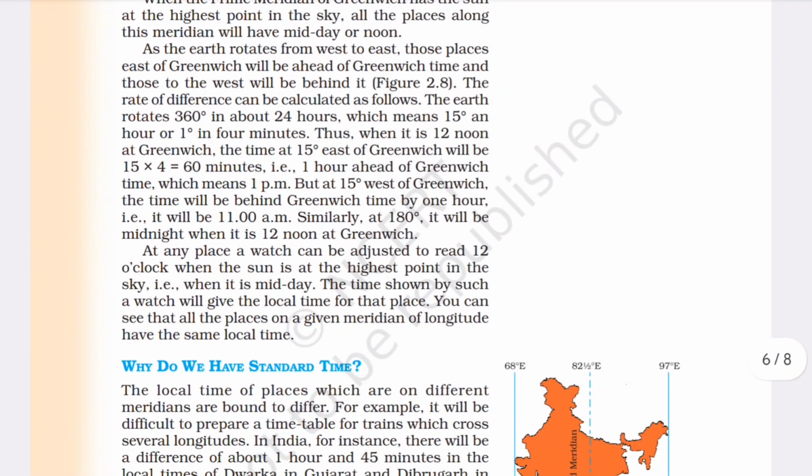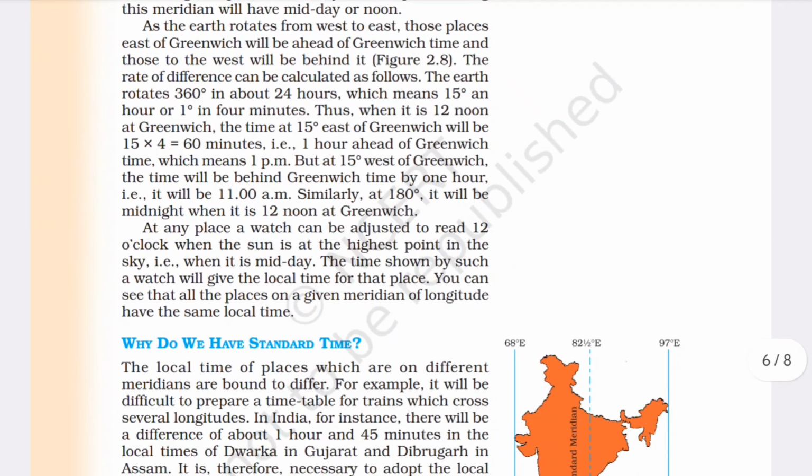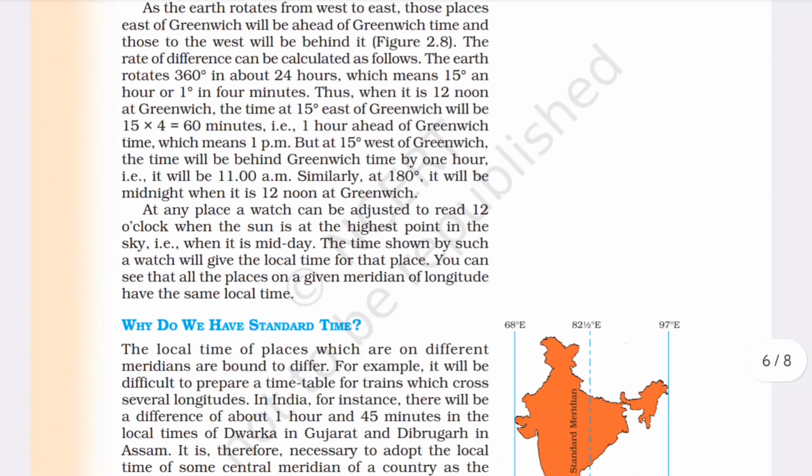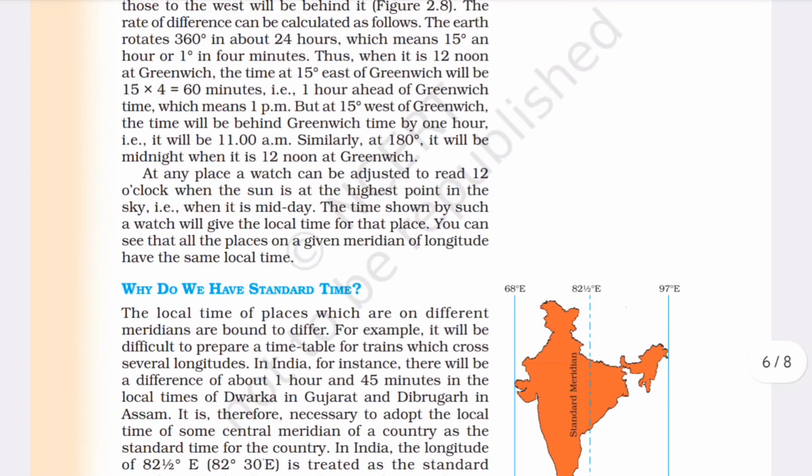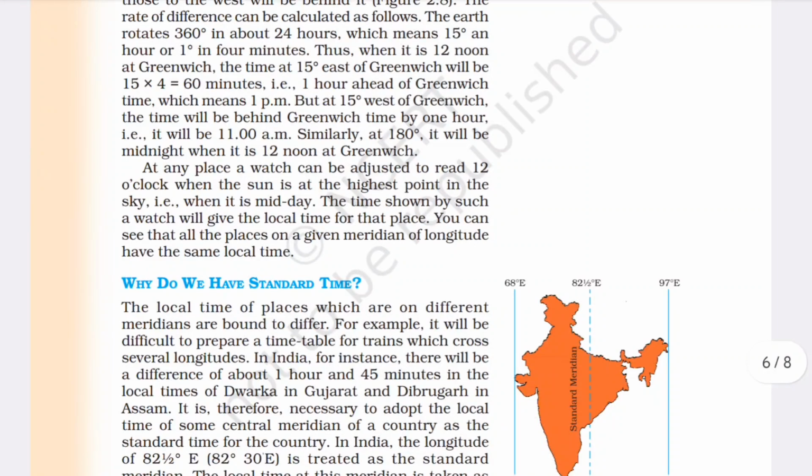Thus, when it is 12 noon at Greenwich, the time at 15 degrees east of Greenwich will be 15 times 4, 60 minutes, 1 hour ahead of Greenwich time, which means 1 p.m. But 15 degrees west of Greenwich, the time will be behind Greenwich time by 1 hour, that is, it will be 11 a.m. Similarly, at 180 degrees, it will be midnight when it is 12 noon at Greenwich.